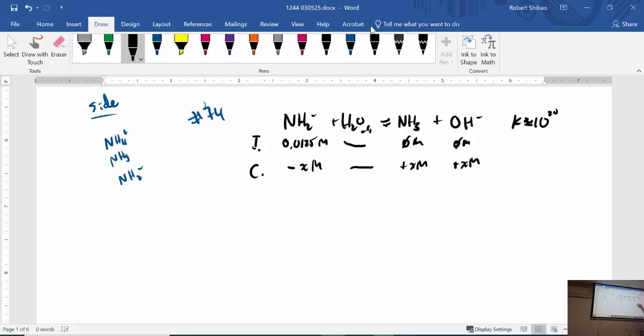This is just a crude estimate, but I expect it to be heavily favored towards the product. So I expect the change to be big. This is one of the things I look for in a problem.